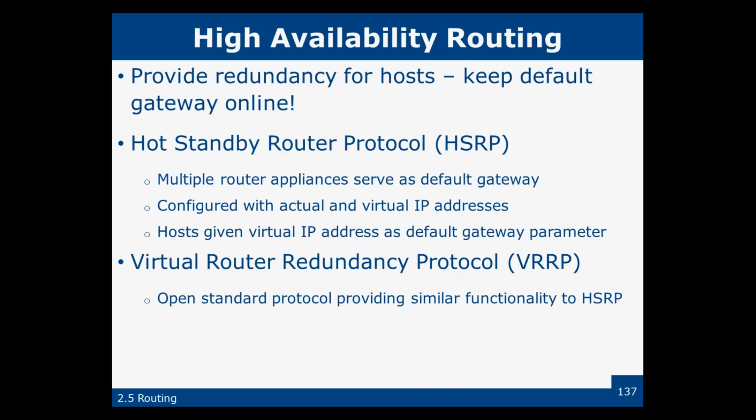That way we don't have an issue with everybody else trying to find the correct default gateway, because both of them get traffic to that particular virtual IP address and virtual MAC address. And if one of them goes down, the other one can take the entire load. That's one of the ways to overcome the single point of failure.